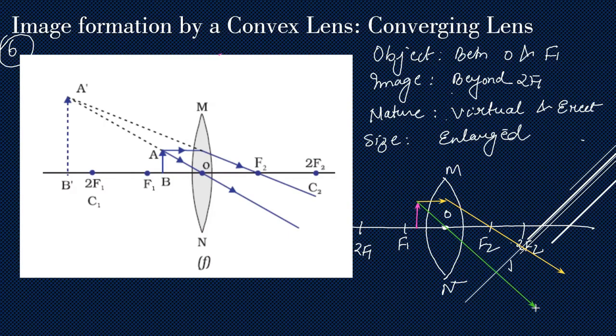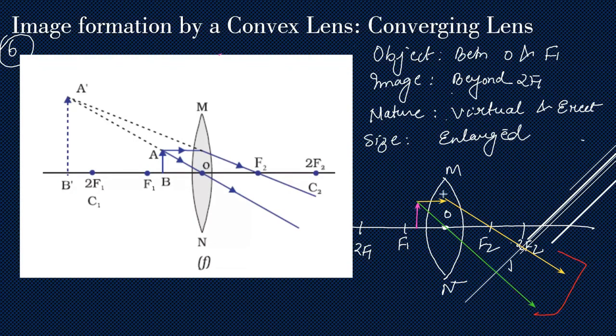Now if you observe, these two rays are not parallel to each other, right? They are not parallel, so they are not going to intersect. Will it happen that no image is formed? Unless light rays intersect, an image is not formed. So this won't happen. What we do is extend the rays behind.